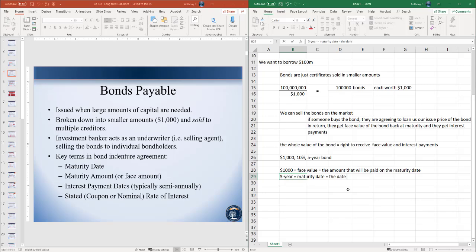The 5-year here refers to the maturity date. This is the date when the face value will be paid back. Generally, this will also be the date of the last interest payment, but not always. And the 10% here refers to the stated rate. This is the rate of interest used to determine the interest payments.